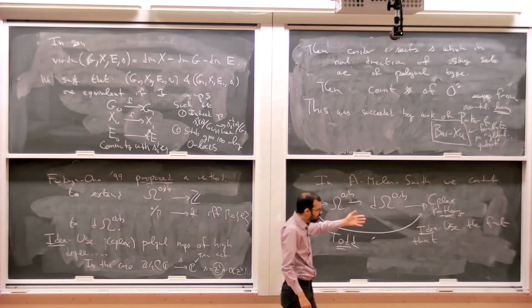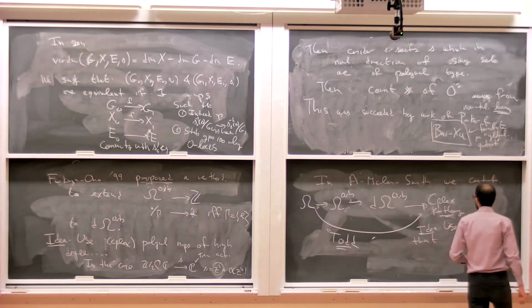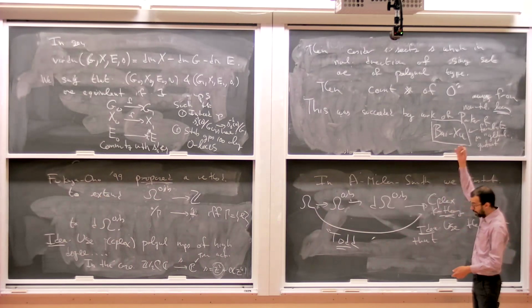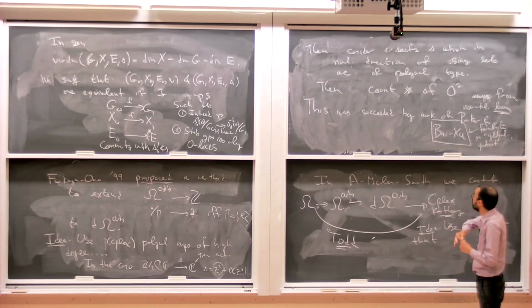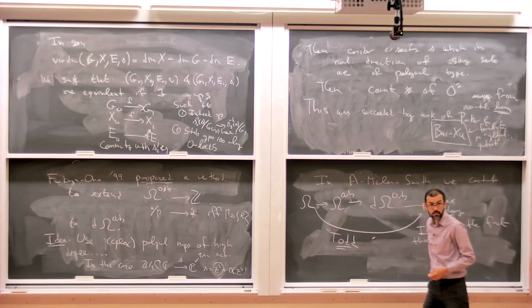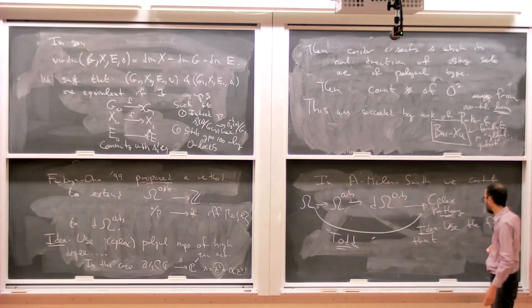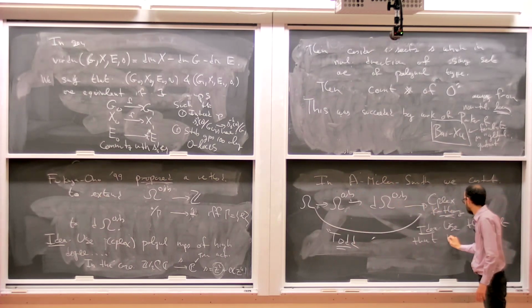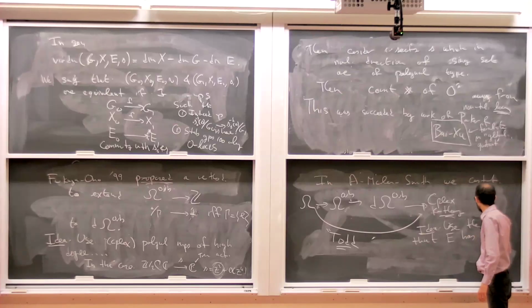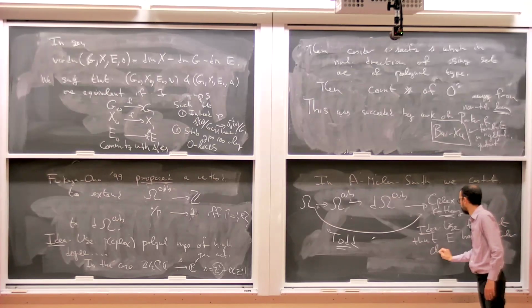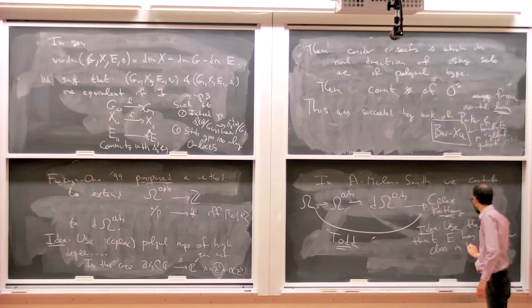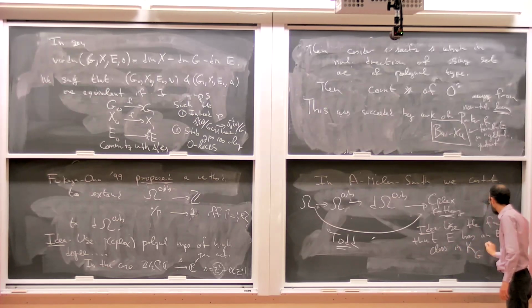You have to assume that, let's say, X is stably complex and, relative to this Lie algebra, I said it this morning, exactly, I gave the precise condition. You have to assume that E is complex as well. You have to use the fact that E has an Euler class in the K theory, really equivariant K theory of X.